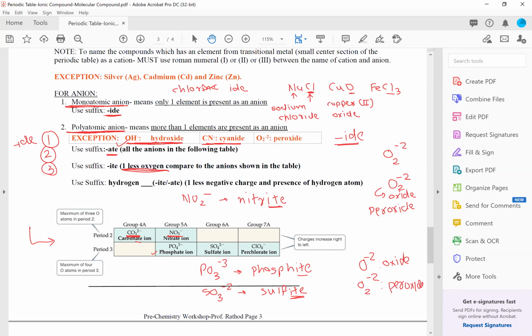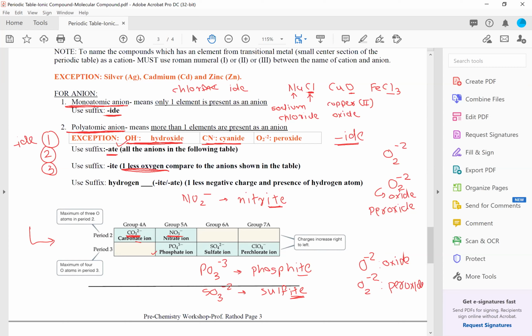Okay. So as long as you can remember the table, you know all of these anions in the table end with "ate." If you have the table as a reference, you will be able to figure out if you have one less oxygen, and if you do, you use "ite" as the suffix.